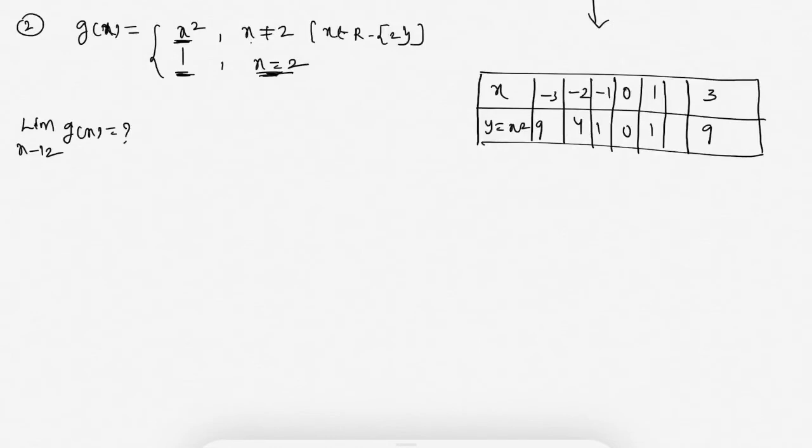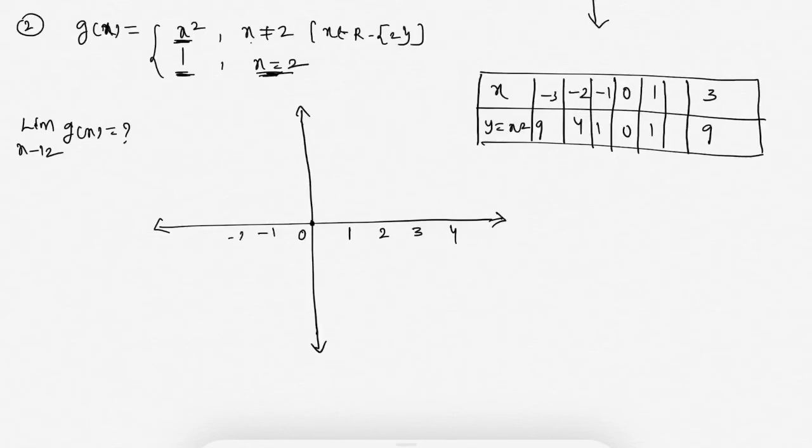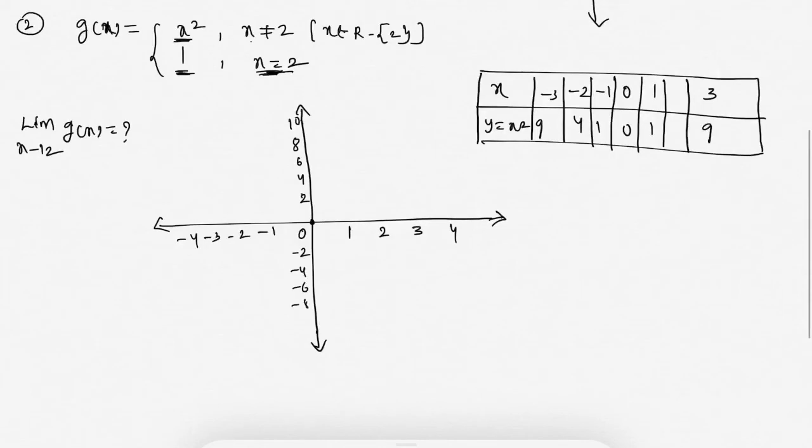So now draw the graph carefully. For the g of x equals x square graph, at 0 we get 0 comma 0. First put all the values 1, 2, 3, 4, minus 1, minus 2, minus 3, 4. Here I am taking a bigger scale on the y axis: 2, 4, 6, 8, 10, and minus 2, minus 4, minus 6, minus 8, minus 10.